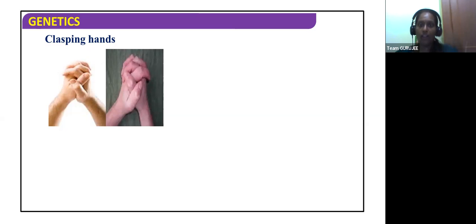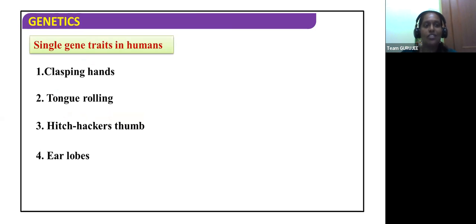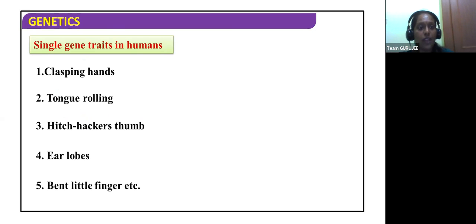Either the father or the great-grandfather or somebody in the mother's family should have had that character. So it is a trait that is transferred from parents to offspring. This is another single gene trait in humans. Single gene trait means this is governed by only one gene in the human body.